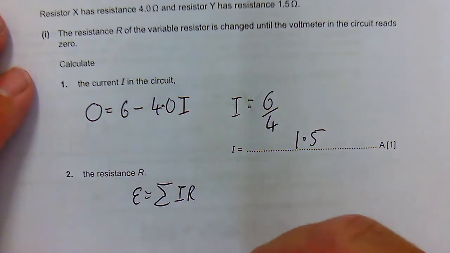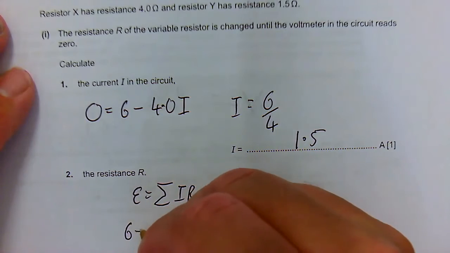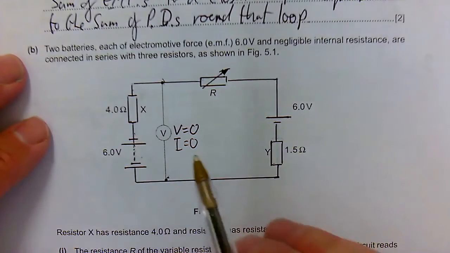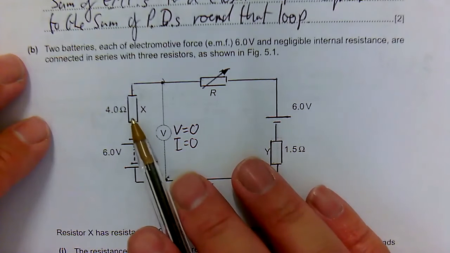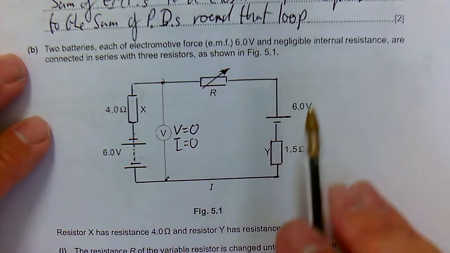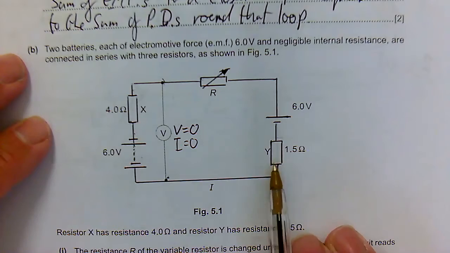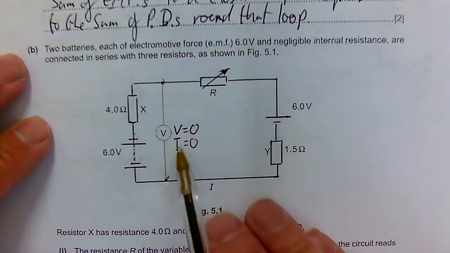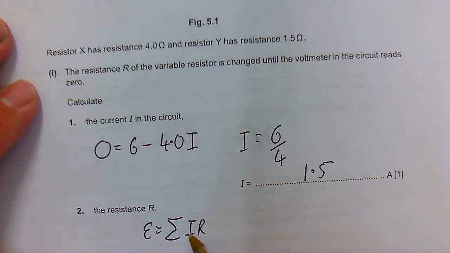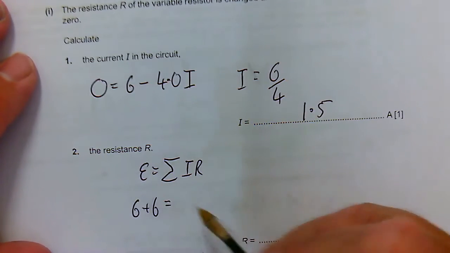So the sum of the EMFs is 6 plus 6, and it's I times 4 plus I times R plus I times 1.5. The current is the same throughout the whole circuit because there's no current flowing down here. So I can take that outside the expression.